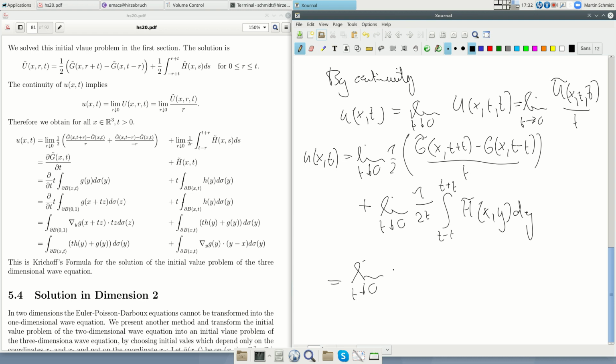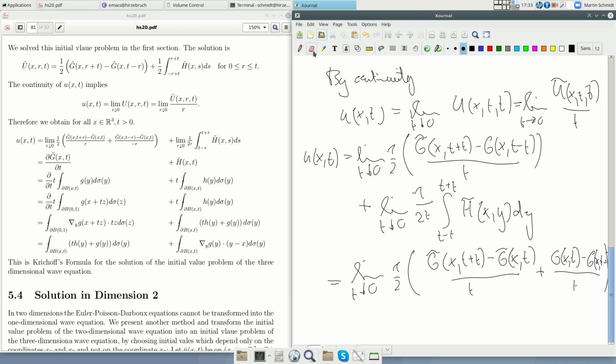Limit r going to 0 of 1/2 times g tilde of x, t plus r minus g tilde of x, t, divided by r, plus g tilde of x, t minus g tilde of x, t minus r, divided by r.